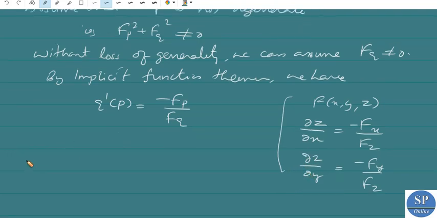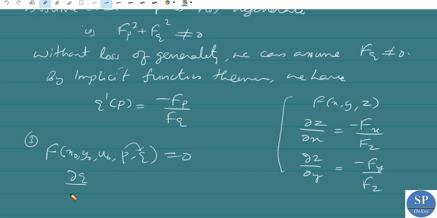But here, in equation number 3, we have f as a function of x naught, y naught, u naught, p and q equal to 0. This is our equation number 3, where x naught, y naught, u naught are constants. So f is a function of p and q. We already found that p and q are not independent, so q is a function of p.